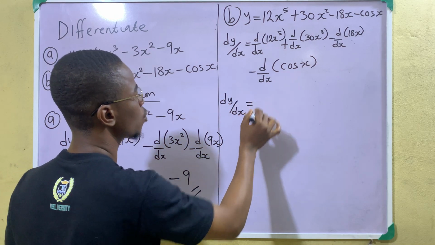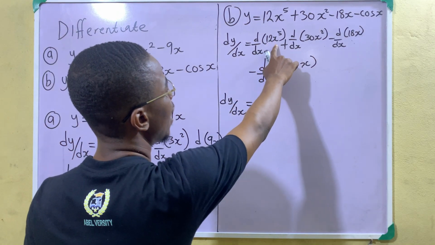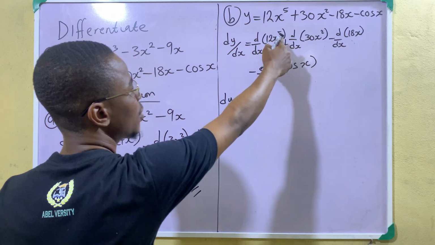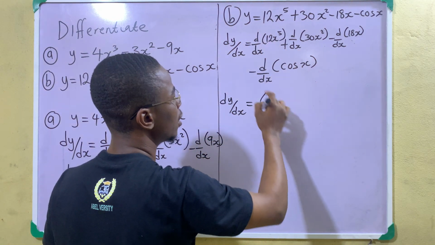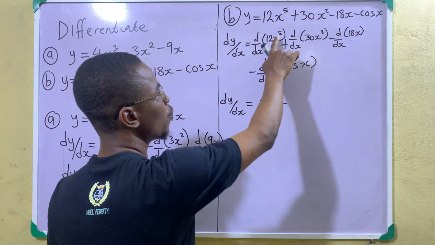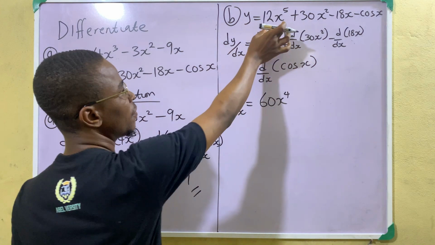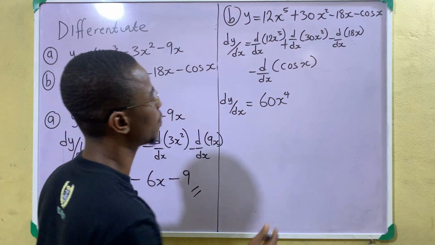So we have here dy/dx will be equal to, we know that if we have to differentiate 12x to the power 5, this 12 will multiply 5, that means 5 is coming down to multiply 12, which gives us 60. Then we have our x. If we remove 1 from 5, we have 4. We have differentiated this first, that's 12x to the power 5.